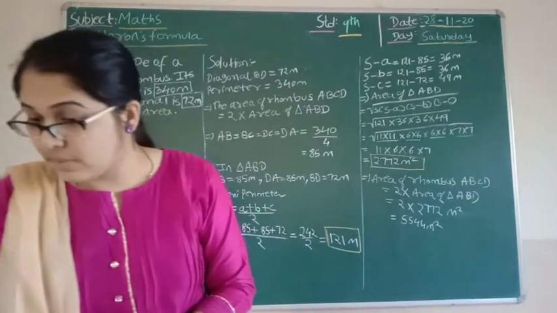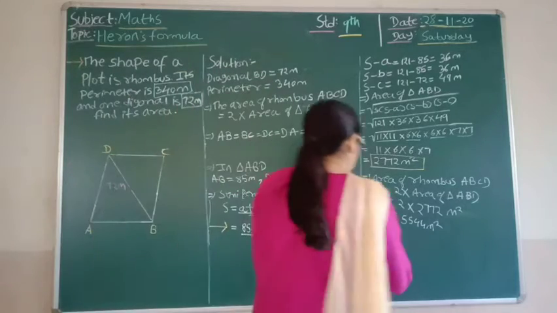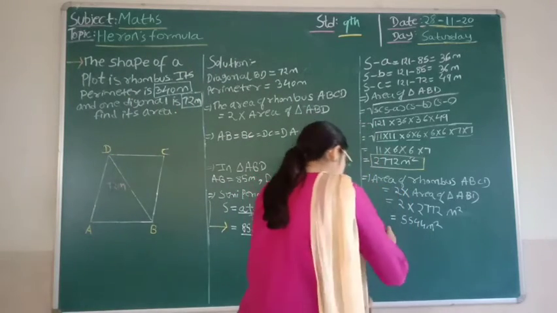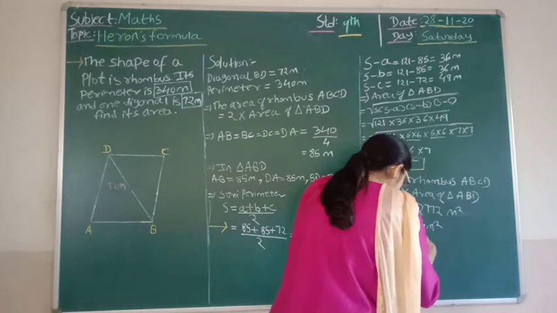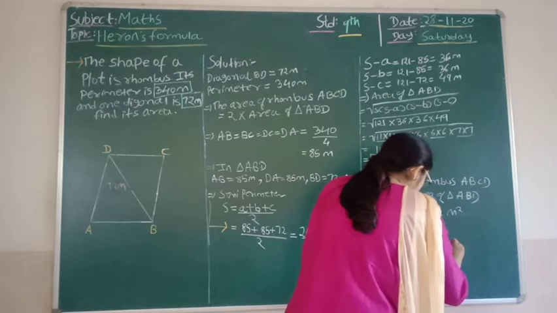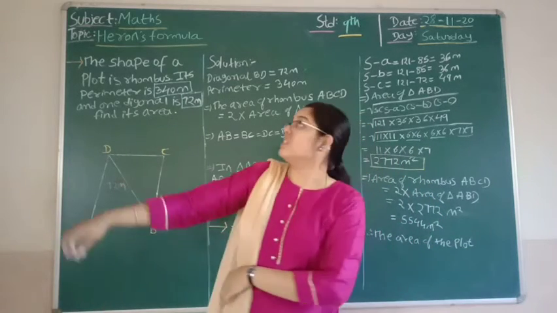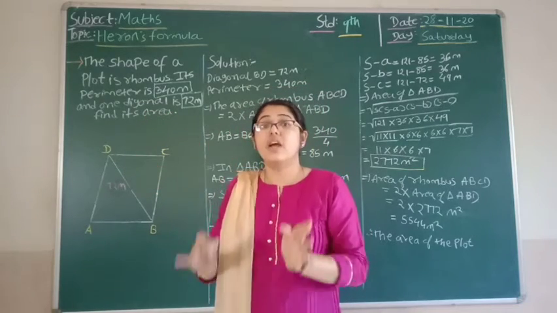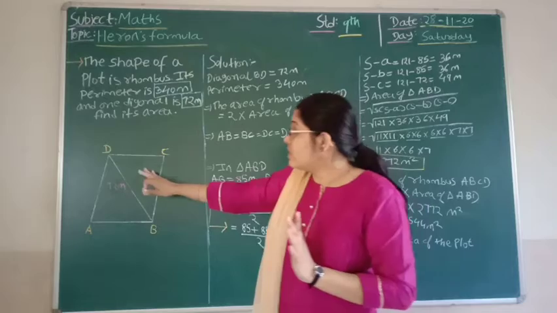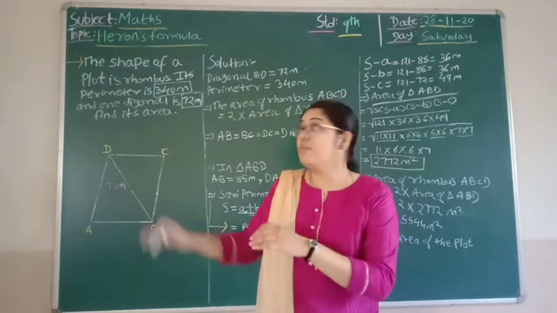So the final statement will be, therefore the area of the plot. Why do we need to write this? Because we have been asked about the plot, and the shape of the plot is a rhombus. So we need to find the area of the plot which has the shape of a rhombus.